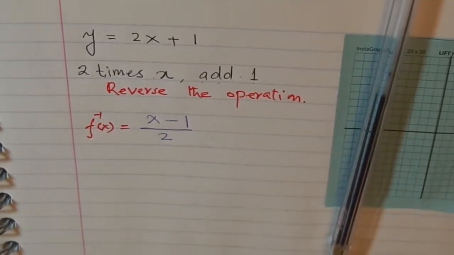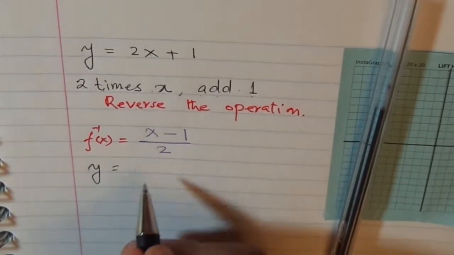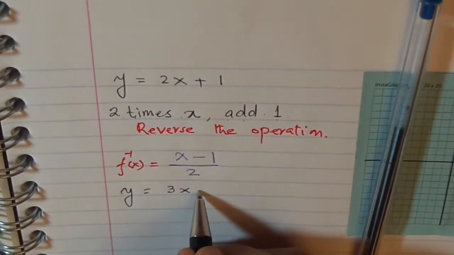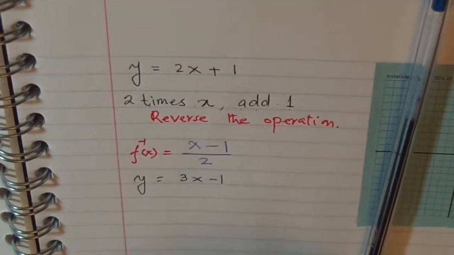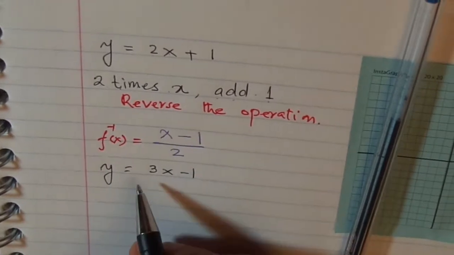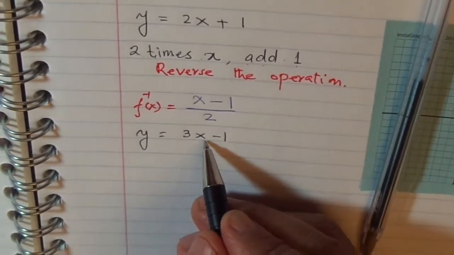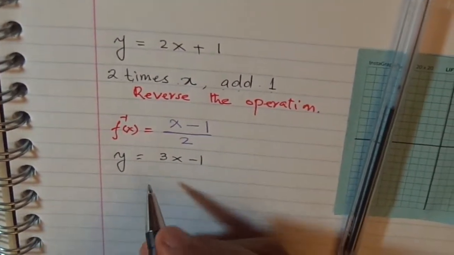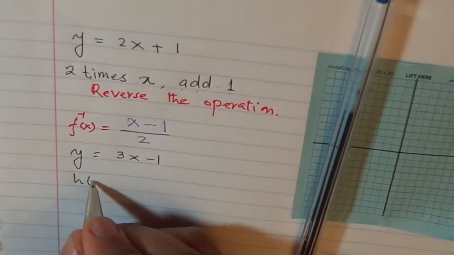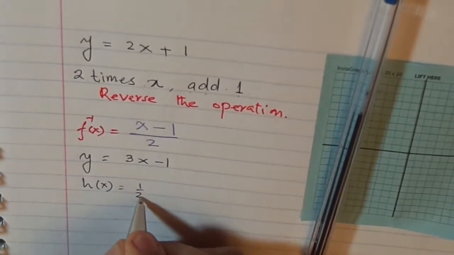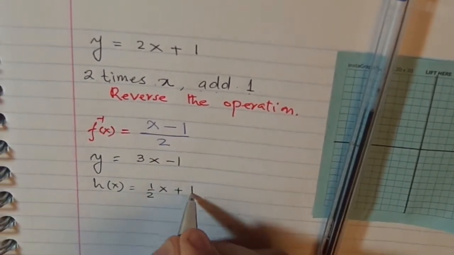Now let us say the equation is y equals 3x minus 1. Can you tell me what would be the inverse of this function? Inverse should be add 1, divide by 3. Now consider the function h of x as half x plus 1.